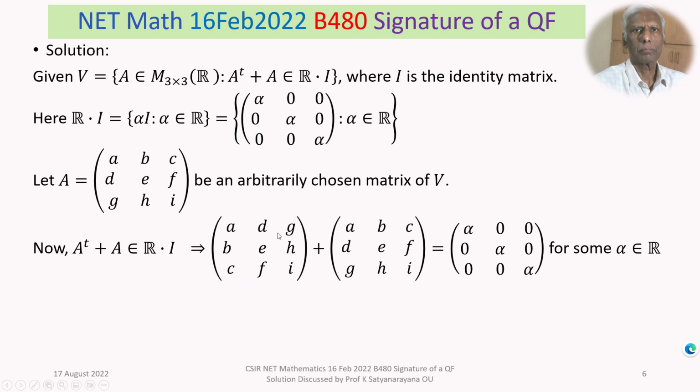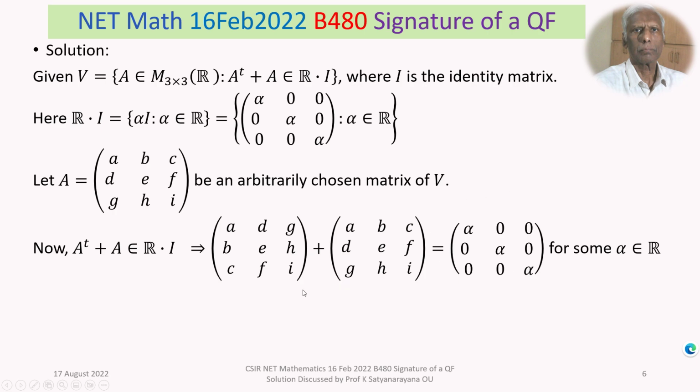As a, b, c, d, e, f, g, h, i vary, alpha also varies accordingly. For a given a, b, c, d, e, f, g, h, i, this is some alpha that we have.